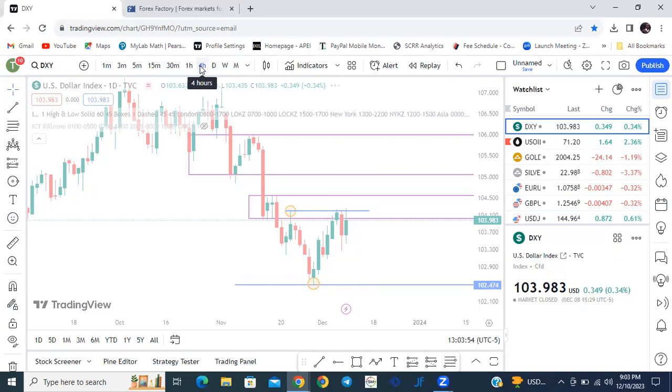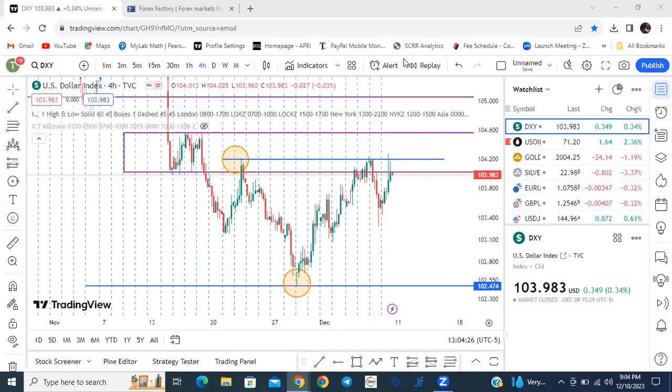In the 4-hour time frame, let's see what we have. Let's wait for the chart to load.